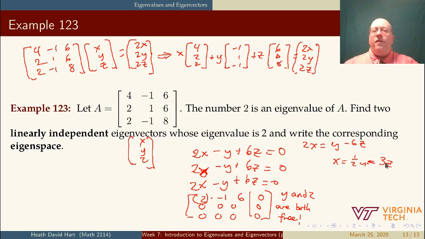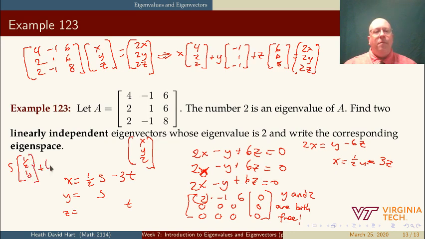And if I substitute parameters for the free variables, then I get x is equal to 1/2 s minus 3t, where y is equal to s and z is equal to t. But this is the same thing as s times (1/2, 1, 0) plus t times (-3, 0, 1). These are my two linearly independent eigenvectors.